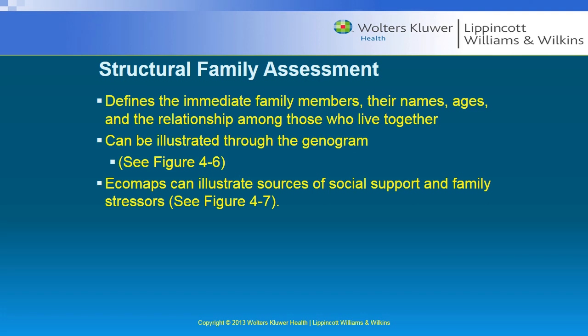That's on page 100 in your textbook. And then the Ecomap, which is figure 4-7 on page 101, illustrates sources of social support and family stressors. Sometimes it's helpful to create a genogram and an Ecomap for your own family.